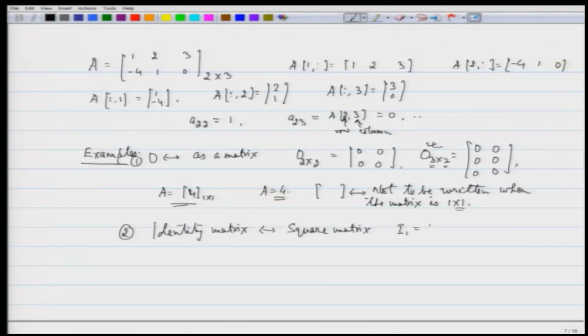If I want to write I of 1, that is the 1 cross 1 identity matrix, it is just 1 for us, but we generally write it as 1 itself. Identity matrix of size 2 cross 2 will be 1 0 0 1. Identity matrix of size 3 will be 1 0 0, 0 1 0, 0 0 1 and so on. And identity matrix of size n will be written as I sub n.